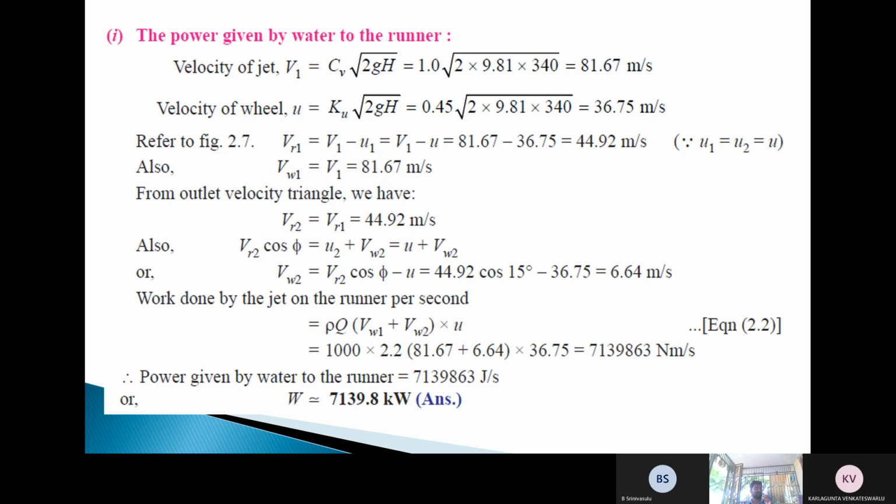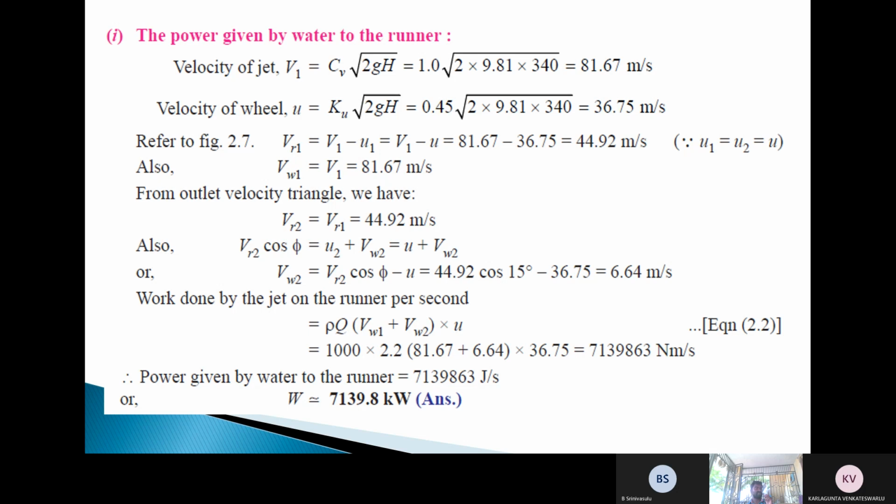Therefore, to calculate the work done by the jet on the runner per second, that equal to rho Q (Vw1 plus Vw2) into U. Rho means 1000 and discharge means 2.2 into (81.67 plus 6.64) into 36.75, that equal to 7139863 Newton meter per second.